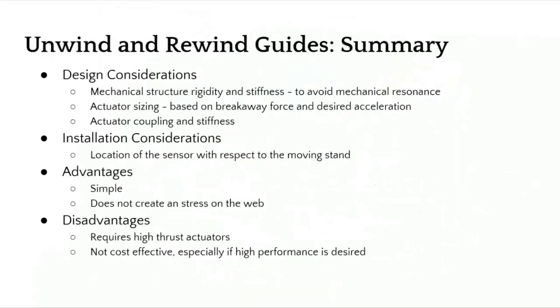So just to summarize about these two terminal guides, we can look at what are the things that we need to have a good rewind or unwind guiding system. First of all, in terms of design, we need to make sure that the mechanical structure, rigidity and stiffness are designed properly.